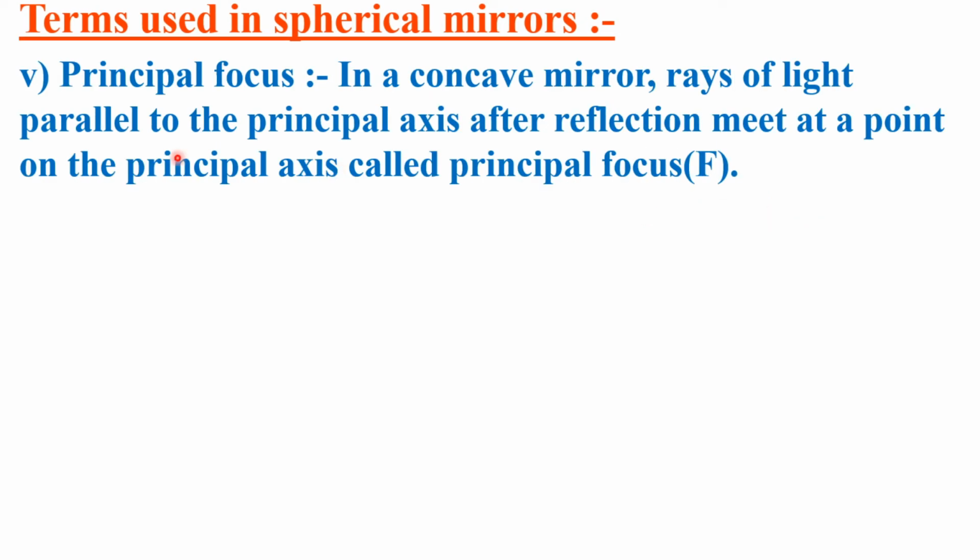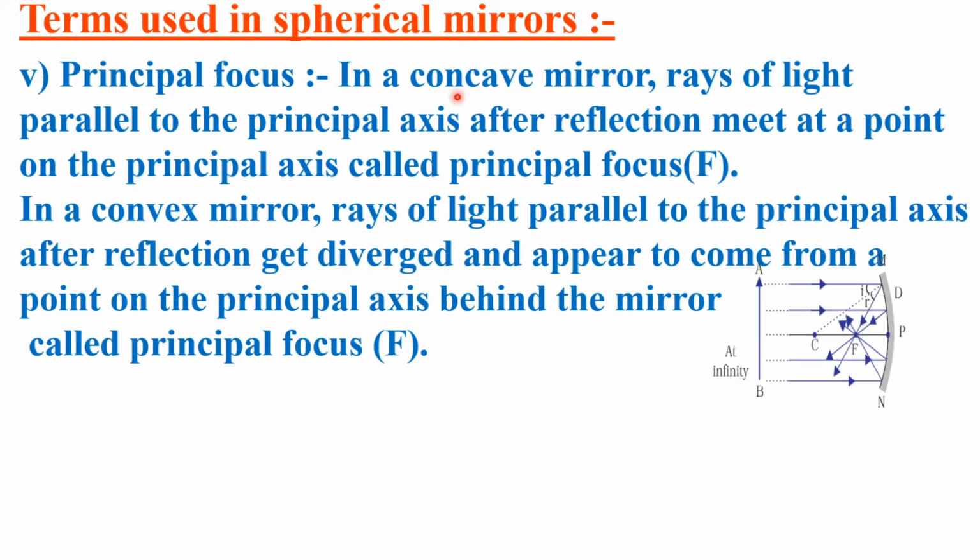Next is principal focus. In a concave mirror, rays of light parallel to principal axis after reflection meet at a point on the principal axis called as principal focus. So this is a concave mirror and all the rays of light which are parallel to the principal axis.